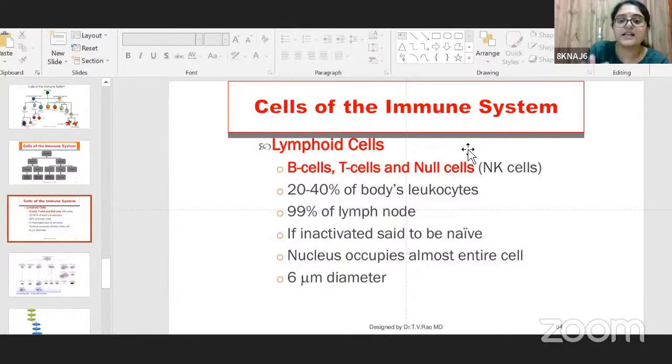So 99% of the lymphatic system has these lymph cells, and the lymph nodes for that matter. If it is not present in the active form, it is known as the naive cells or the null cells. And the nucleus occupies almost the entire cell for that matter.